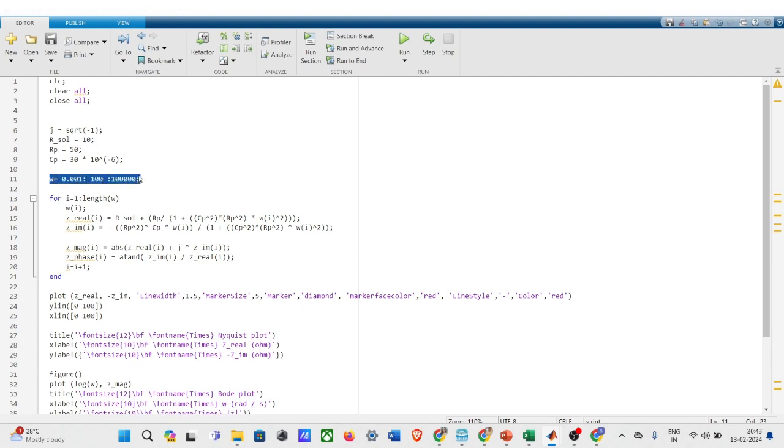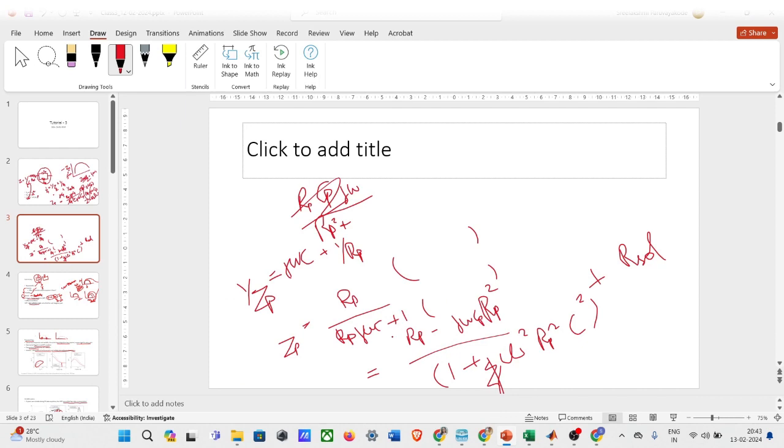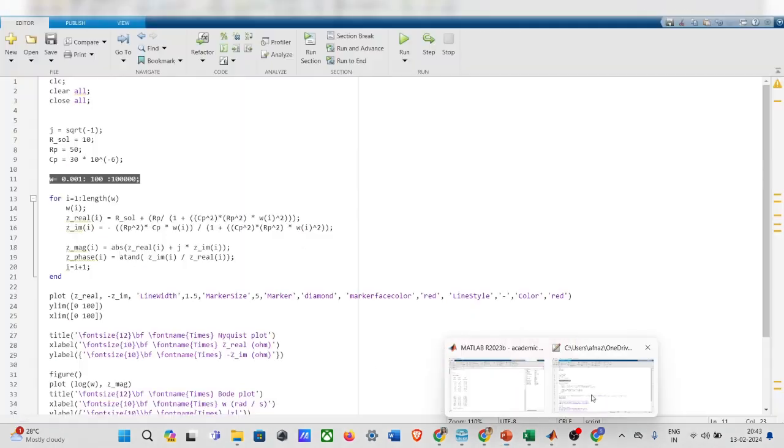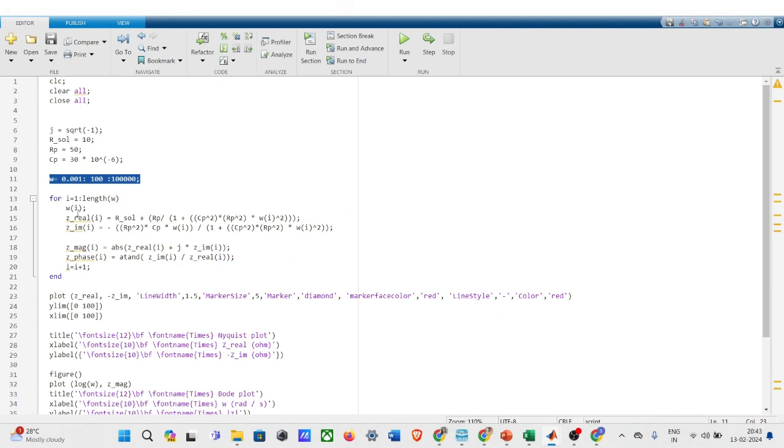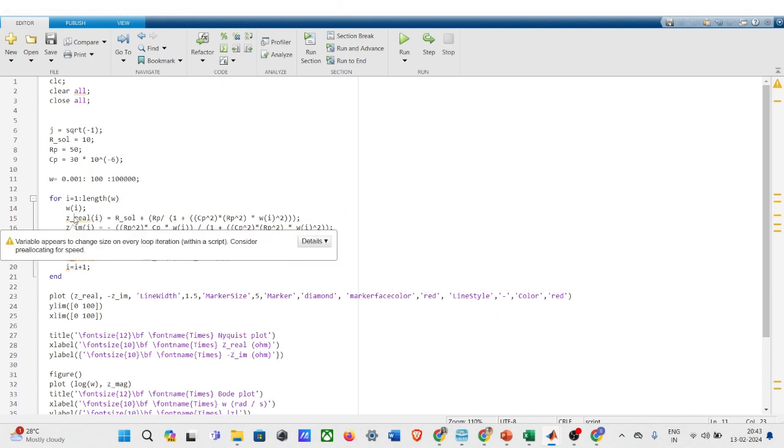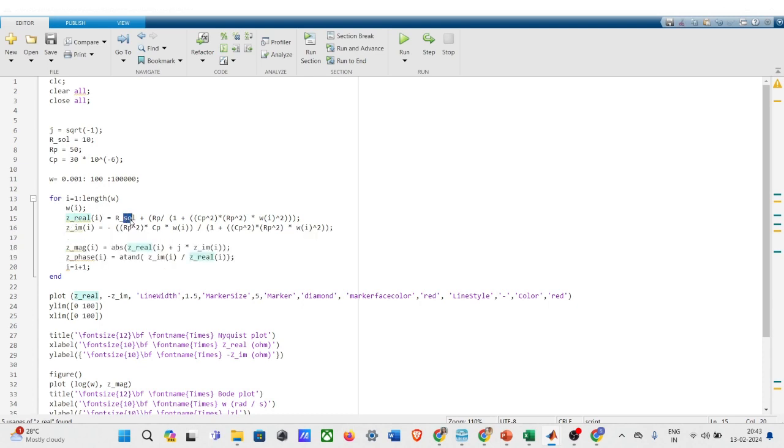So basically my expression is in terms of omega, right? So this omega value keeps changing. The next step is, for each value of omega, I'll calculate the same equation, the real part and the imaginary part.